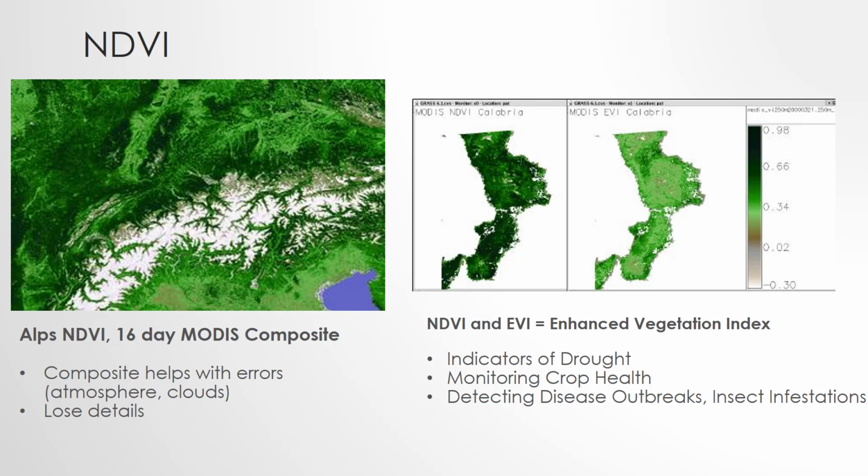And the disadvantage is that you do lose details. So NDVI and EVI, the Enhanced Vegetation Index, are used as indicators of drought. They're used to monitor crop health, and they are also used to detect disease outbreaks and insect infestations.